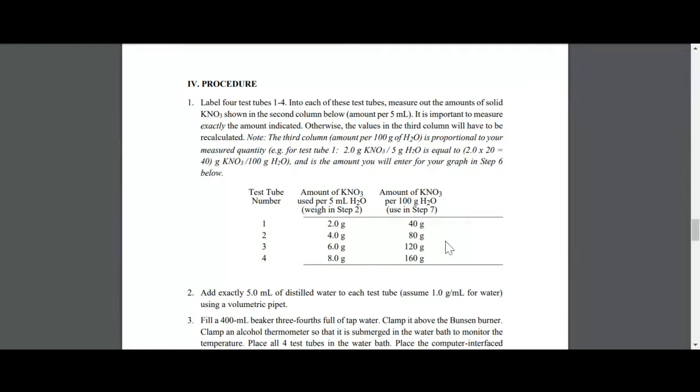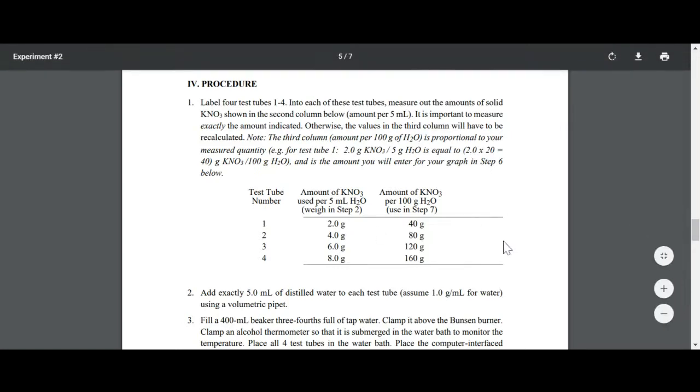So these values are already calculated for you. You don't have to worry about this calculation, but understand where it's coming from. If 2 grams is in 5 milliliters of water, that looks like 40 grams in 100 milliliters. It's just the ratio that you are keeping. So you just want to know at what temperature this is going to be saturated.